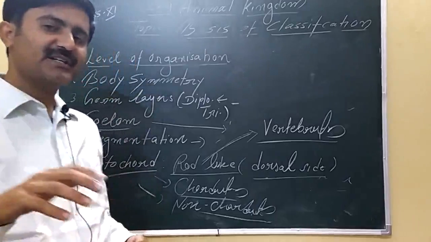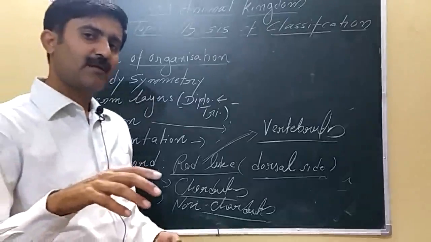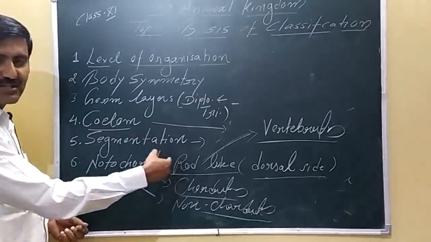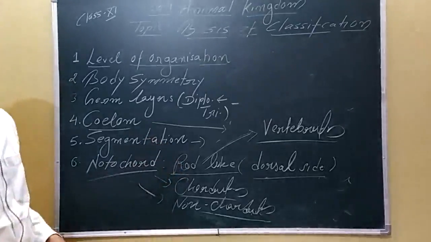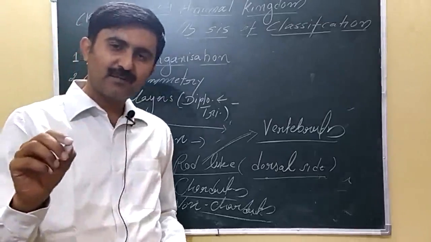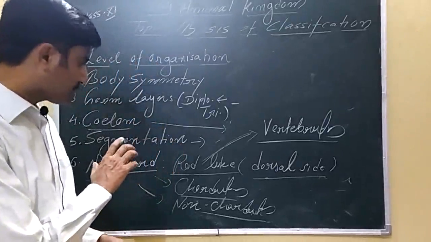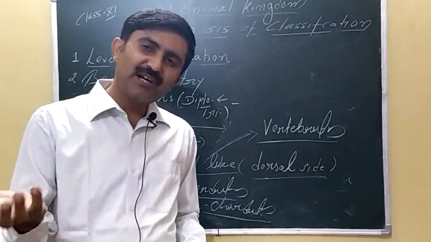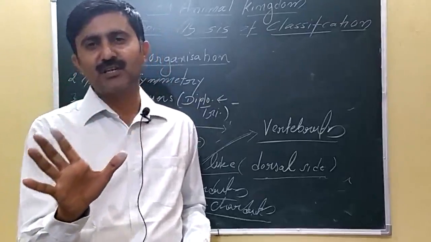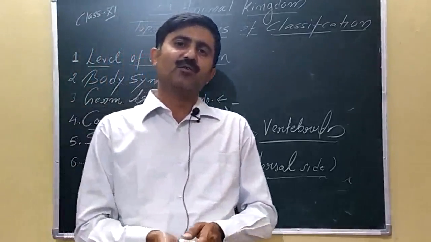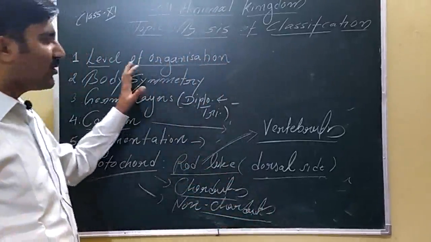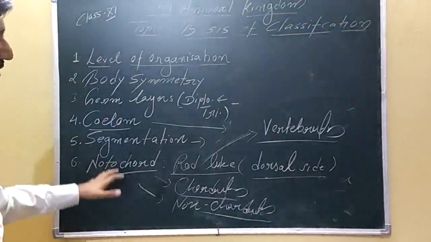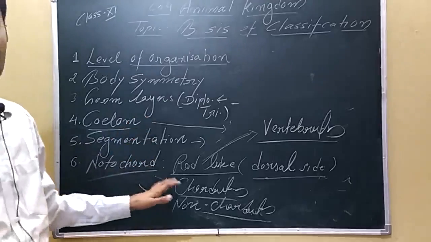In lower chordates like protochordates and hemichordates, there may be presence of only this rod-like structure, and it may be persistent for the whole life, or present only in the early embryonic stage, or only in the adult stage, in the complete body or only in the tail region. So these are the basic features we use to classify animals.